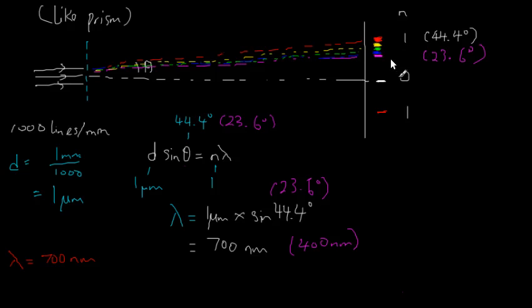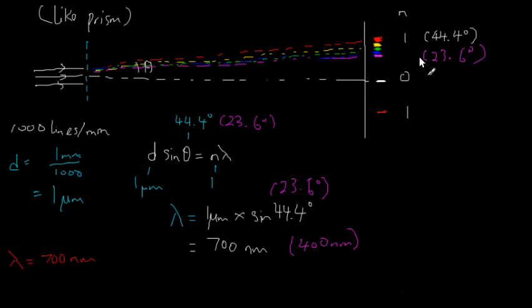And in fact, I would say that it is even better than a prism, because if you look at these two angles, these two angles tell us the angles for the red light and for the violet light, the two ends of the spectrum.